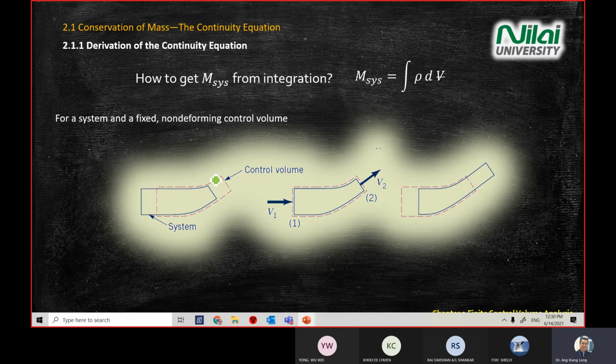So the first idea, when you need to define the control volume, you always follow the system shape, and then you use your pencil or pen to draw a dotted or dashed line to copy the shape. And then you draw an arrow to mark it as a control volume.